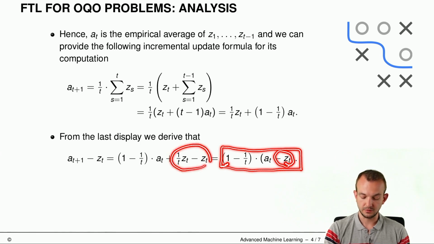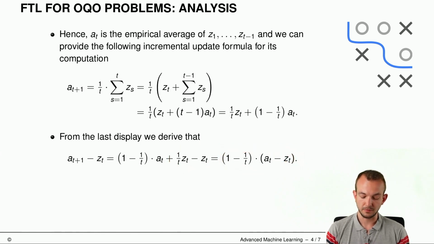This is due to, we have here the minus zt with a factor of 1, and the 1 over t is with the positive factor which we get if this and this are multiplied.